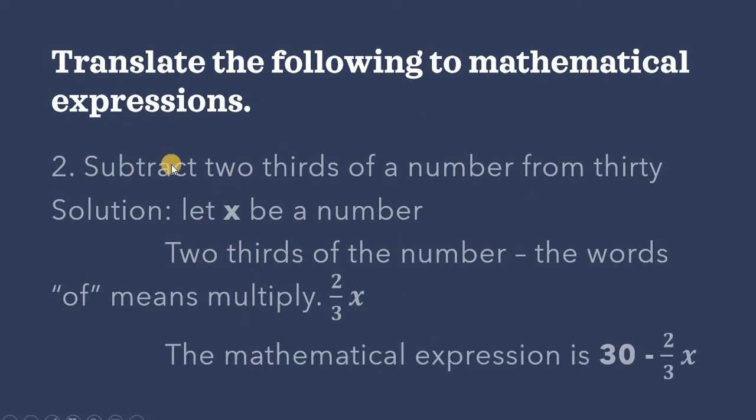The mathematical expression for this is 30 minus 2/3 x. Why does 2/3 x come last? Because of the word from, we subtract 2/3 of a number from 30. So, this is our final answer.